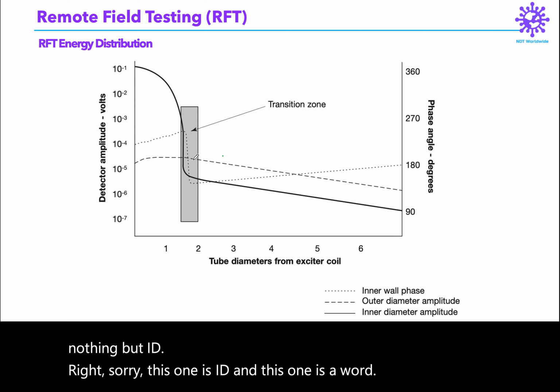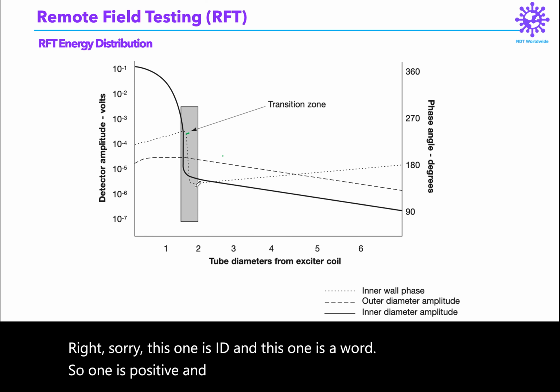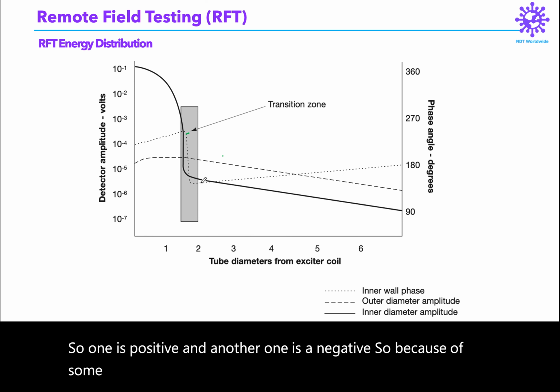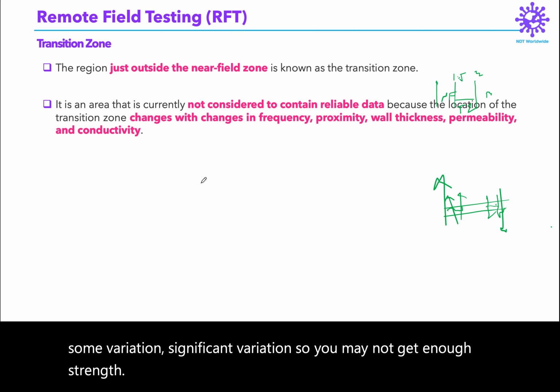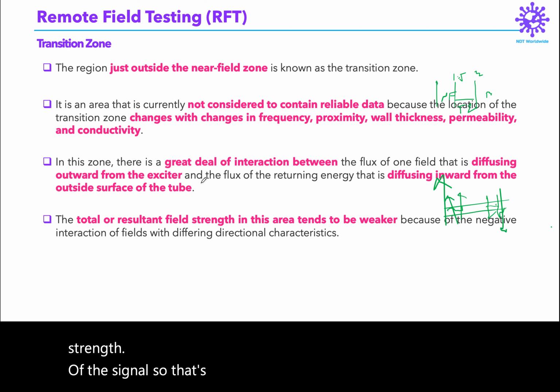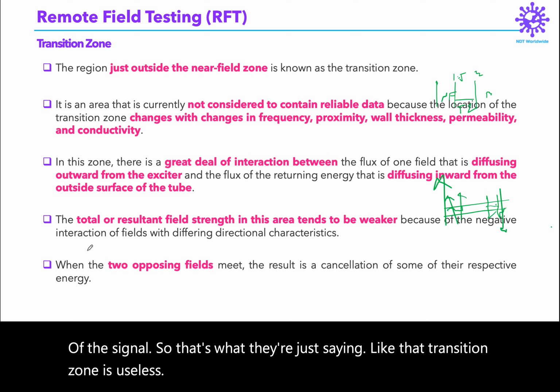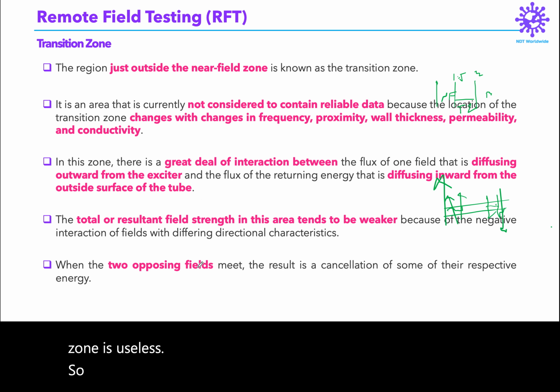So one is positive and another one is negative. Because of some significant variation, you may not get enough strength of the signal. That's what they're saying, the transition zone is useless. You get two opposing fields, and the final output is 0.